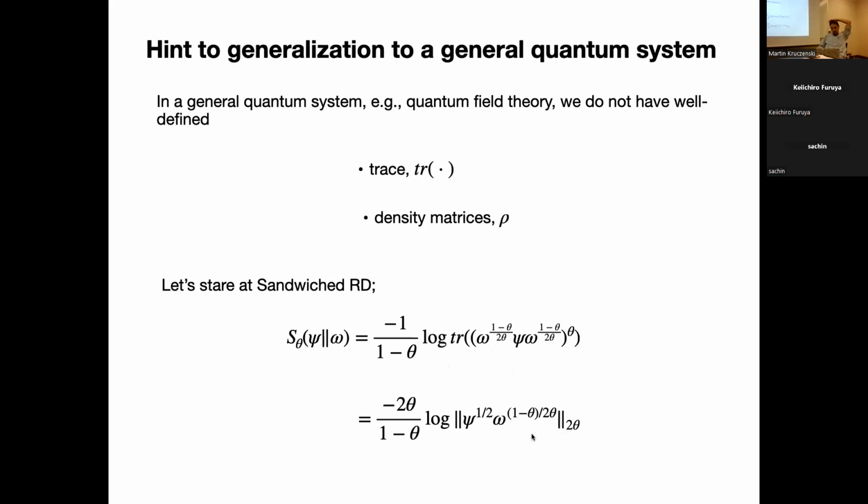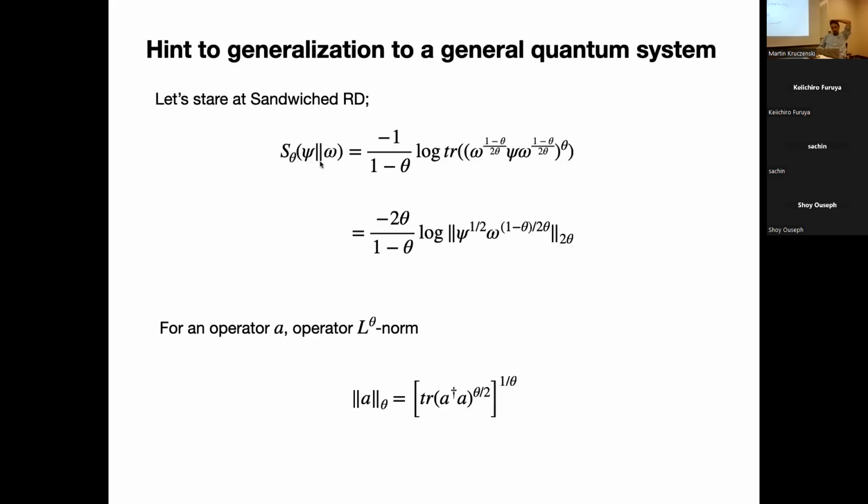I'll give you the definition of this norm. So this trace gives you the norm, and using this type of norm you can write down the sandwich Rényi divergences. This is actually true for theta-r Rényi divergences as well. Here is the sandwich Rényi divergence that I wrote down with the norm.